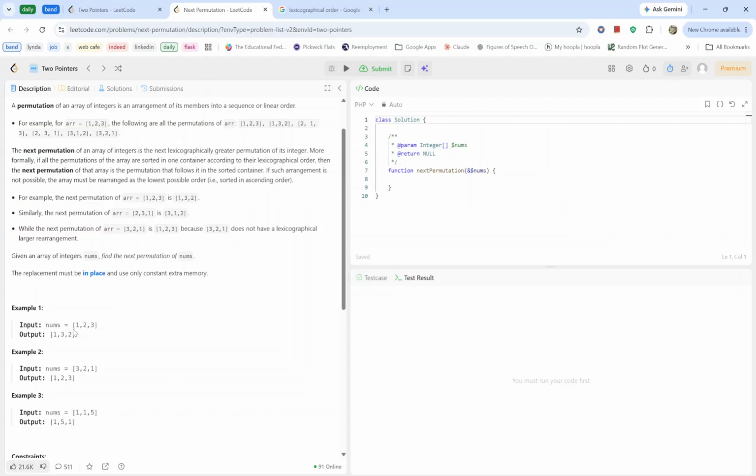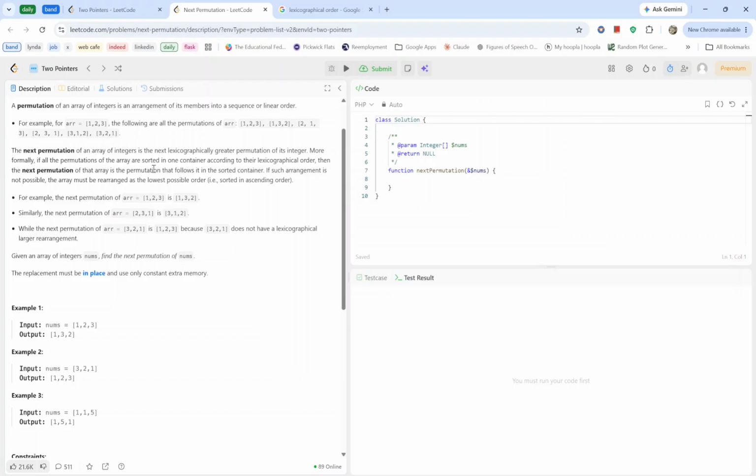I could do some type of loop, and then try to rearrange the numbers in some type of fashion.